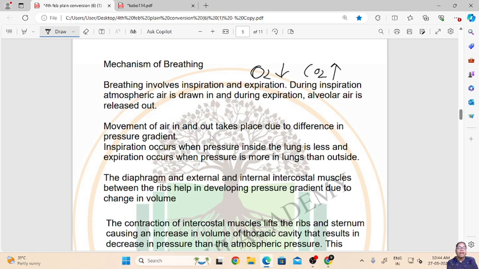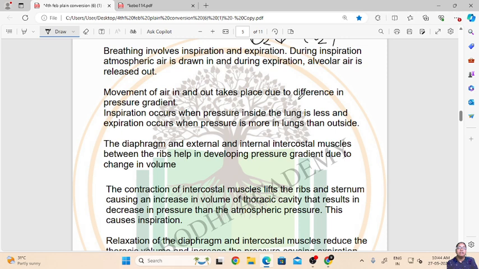Then movement of air in and out takes place due to the difference in the pressure gradient, and inspiration occurs when pressure inside the lungs is less. So if the pressure inside the lungs is less, then it will cause what? Inspiration, that is taking in of oxygen. Expiration occurs when the pressure in the lungs is more. If there is more pressure, then eventually it has to be given out. So that is how expiration is caused.